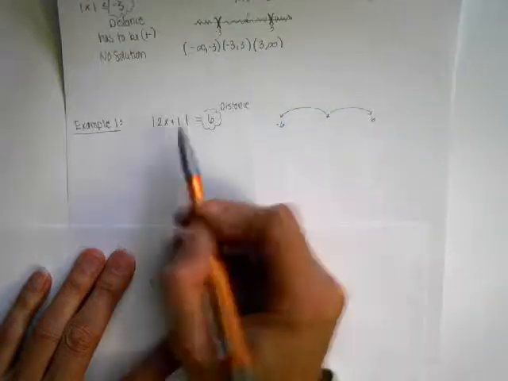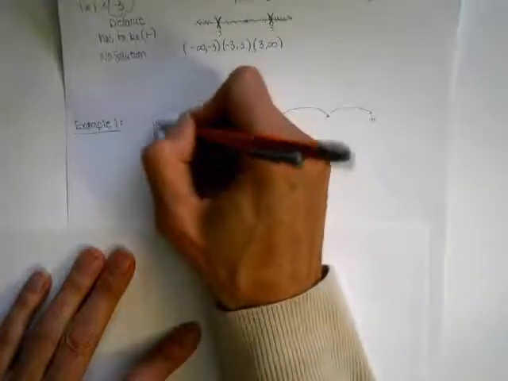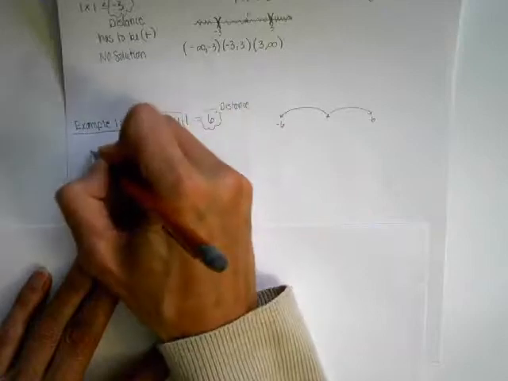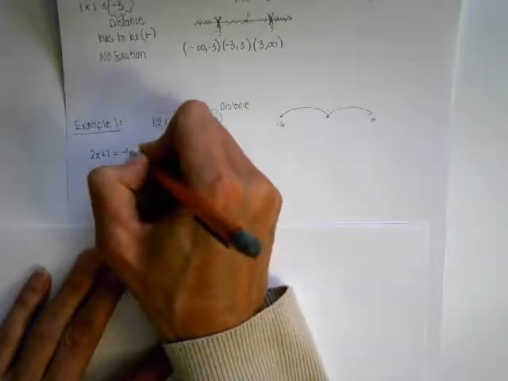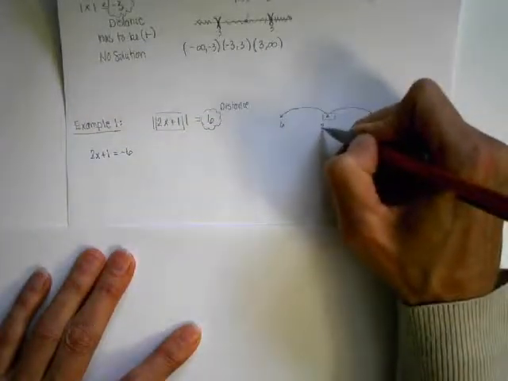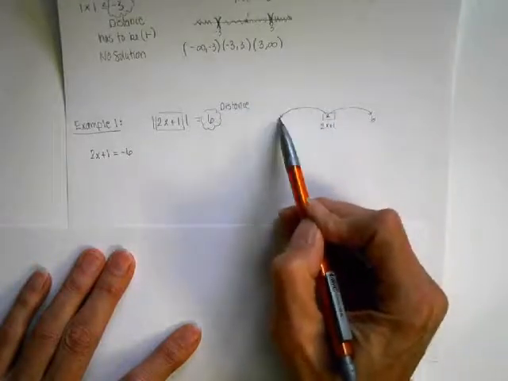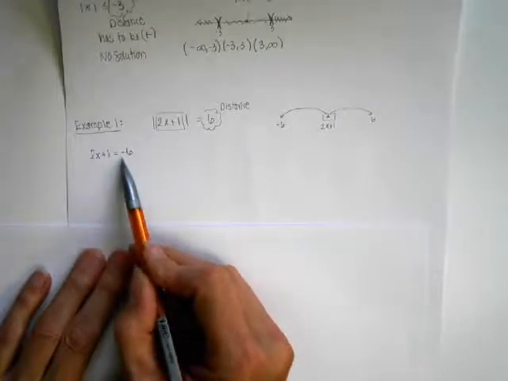So we're going to take this part of our equation, and we're going to set up two individual equations. One of them would be 2x plus 1 is negative 6. We're going to make this little marker right here be 2x plus 1, and we're going to go a distance to the left, which would be negative 6, hence this equation, 2x plus 1 is equal to negative 6.